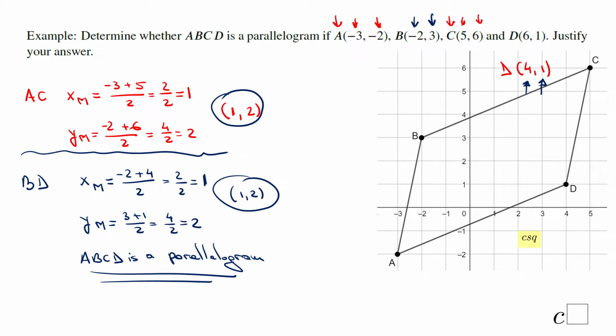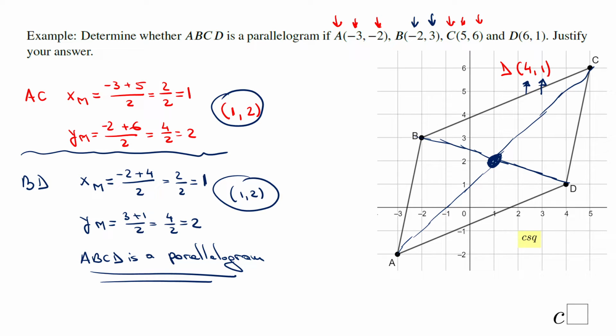Let's see a little bit here why. Look at here. This is this diagonal, and this is this diagonal. It should be something like that. This is the midpoint of those two segments.